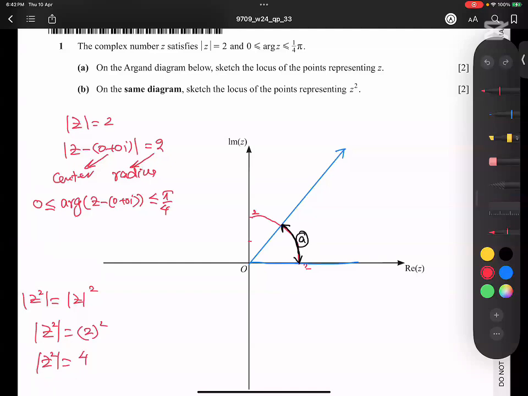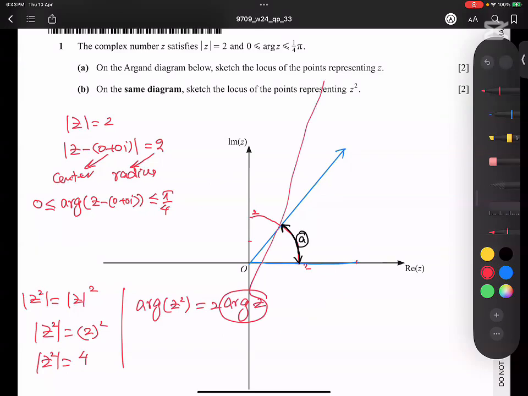It means this time I have a circle of radius 4. But the important part, what about the argument? The interesting part: we have a formula, if you recall, the argument of z square is 2 times the argument of z.